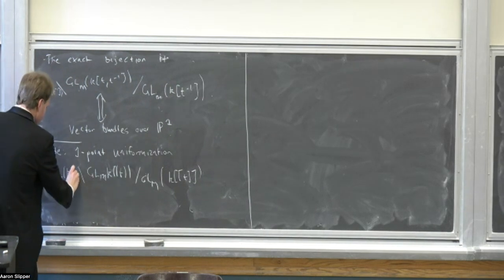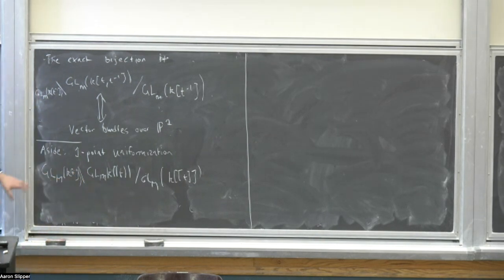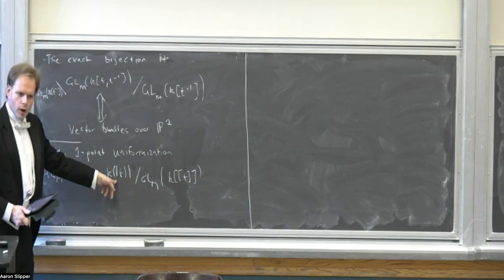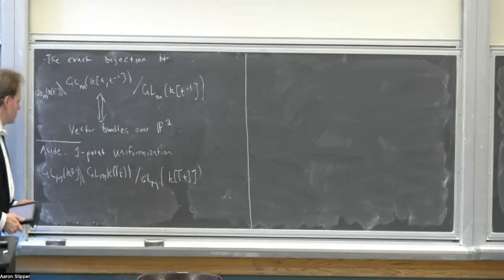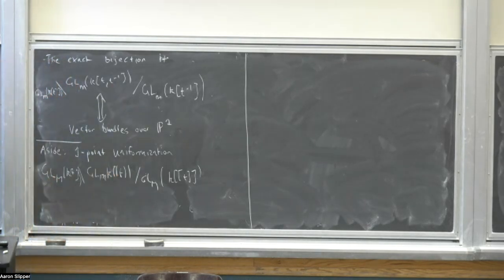And this is exactly the same because when you restrict, this comes from the curve, it comes from restricting the functions that are defined away from the puncture to the puncture disk, which is given by the Laurent series GLM. And so you can see that there's a natural map from this guy to this guy. Question? Yeah, should that be just a t instead of a t inverse on that right quotient?